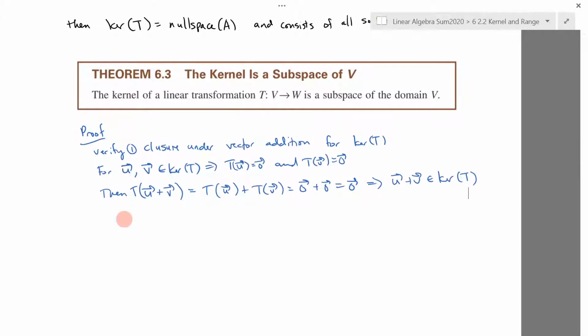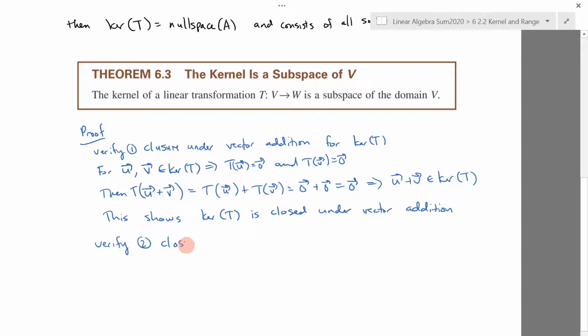Okay, so now we verify the second condition. We take u in the kernel. What does it mean to be in the kernel? It means that it transforms to 0.